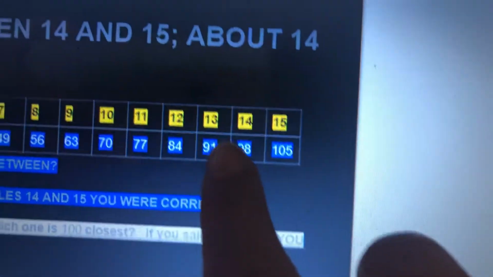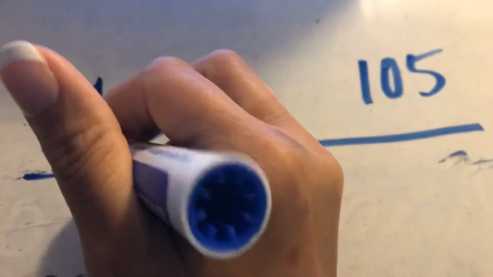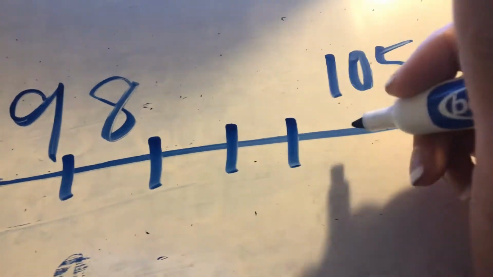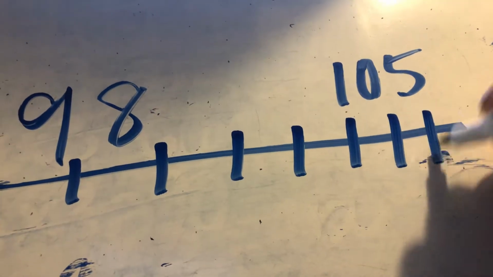What you would need to do is, let's say we have these two numbers, right? 98 and 105. In order to determine which one is closer to 100, I would just write out those two numbers, 105 and 98, and I would go 98, 99, 100, 101, 102, 103, 104, 105.